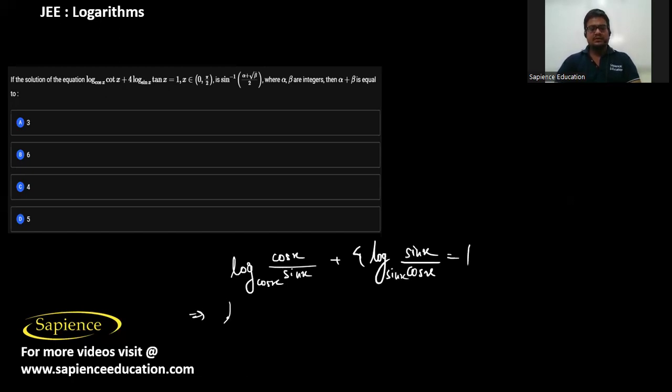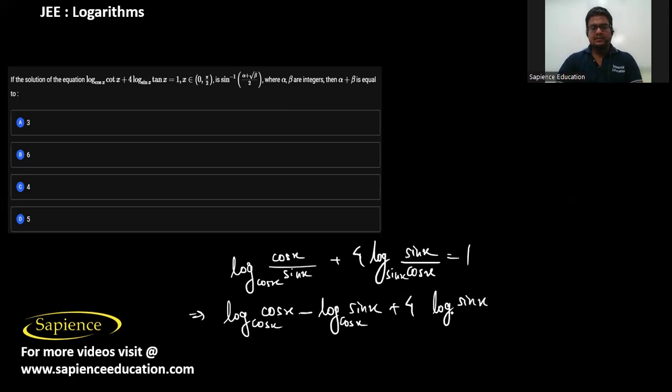So therefore we can say this is log cos x base cos x minus log sin x base cos x plus 4 into log sin x base sin x minus log cos x base sin x, that is equal to 1.